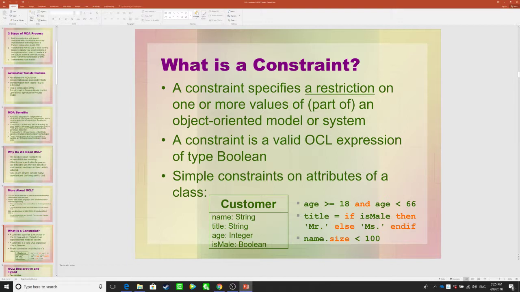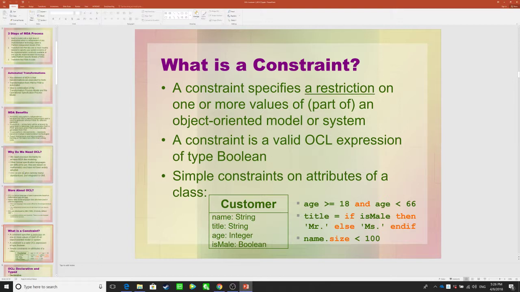Okay, this is the class diagram. Then that's it, right? But if we want to represent some logic or put some constraint on these attributes, there's no way to do that in the pure traditional standard class diagram. However, with OCL, let's see this example here.